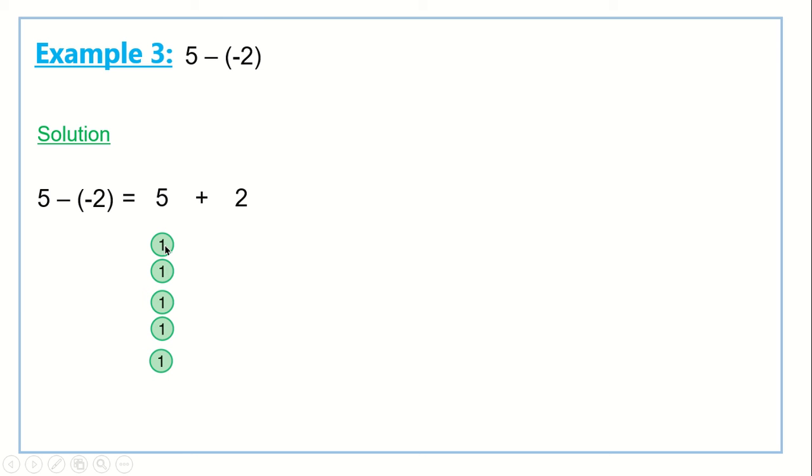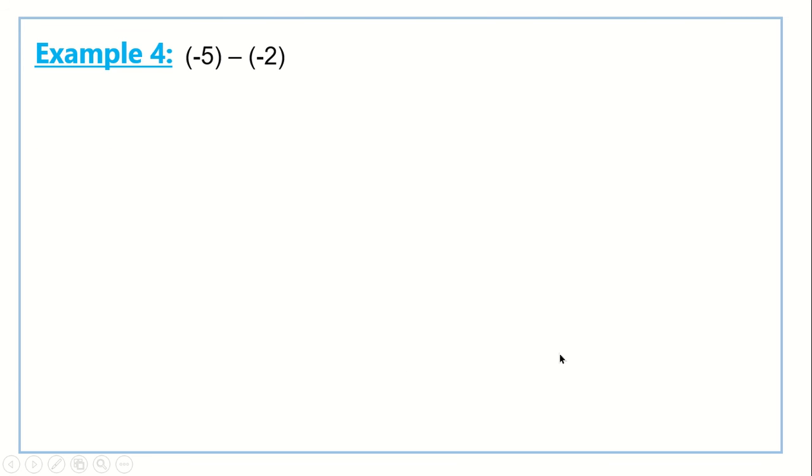So those are 5 disks of 1 to represent 5 and 2 disks of 1 to represent 2. And for this case, we cannot make a zero pair because all of them are 1s. So this will give us a positive of 7.